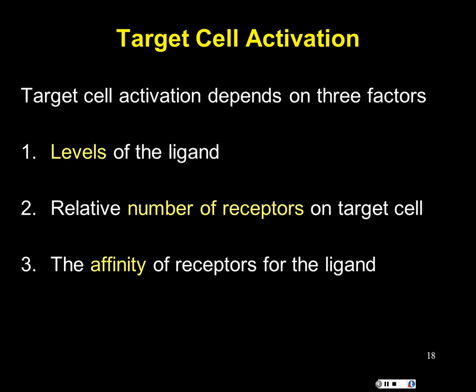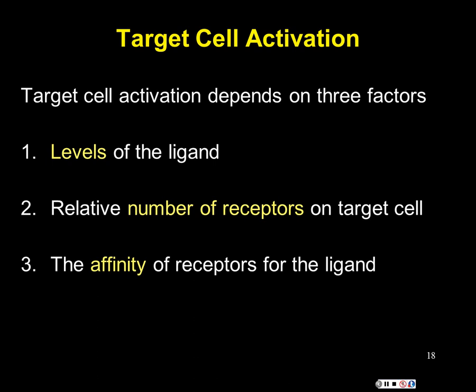But we've also got to take into consideration how many receptors the target cell actually has. And that's also going to be proportionate. If a cell has more receptors, the response is greater. And if there are fewer receptors, the response is less. Something that maybe you've not thought of before is the affinity of the receptor.